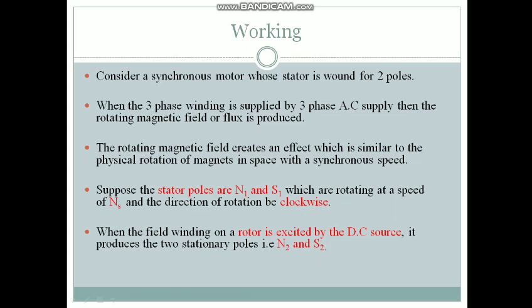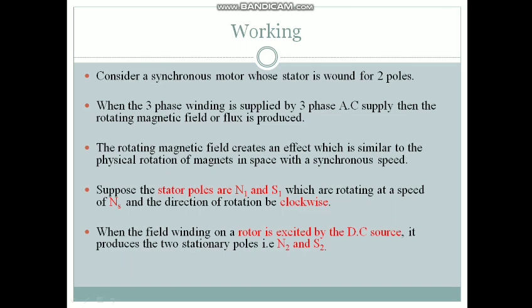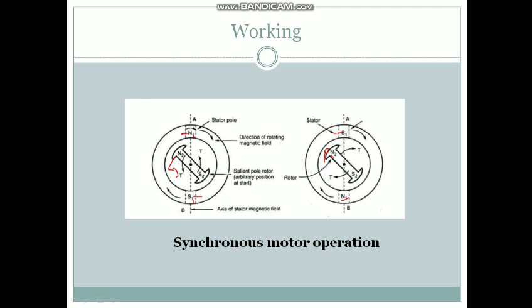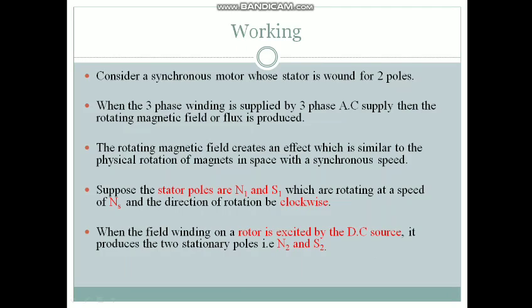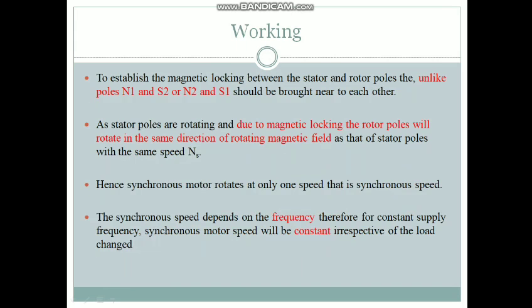Suppose the stator poles N1 and S1 are rotating at synchronous speed in the clockwise direction, and they are excited with two stationary rotor poles, N2 and S2. First repulsion will happen because N1 and N2 are the same poles, and after the phase change S1 and N2 will have attraction.